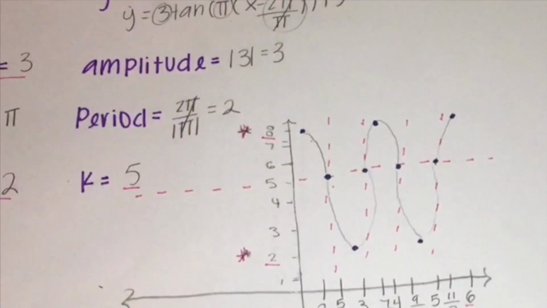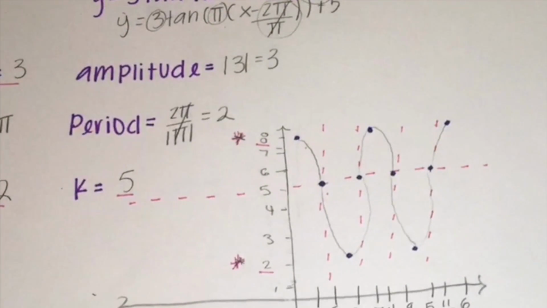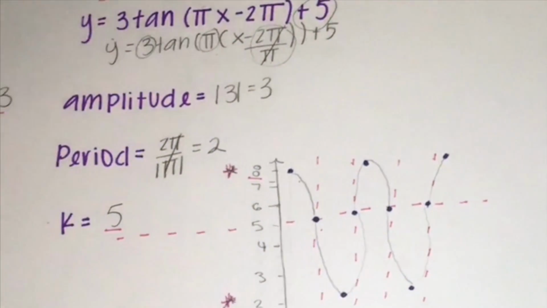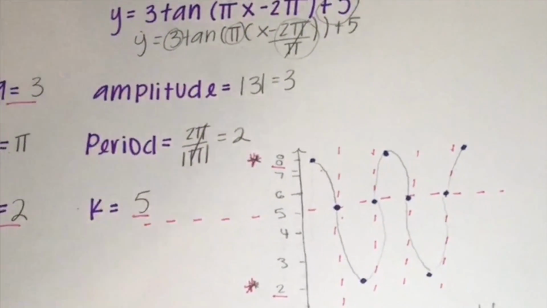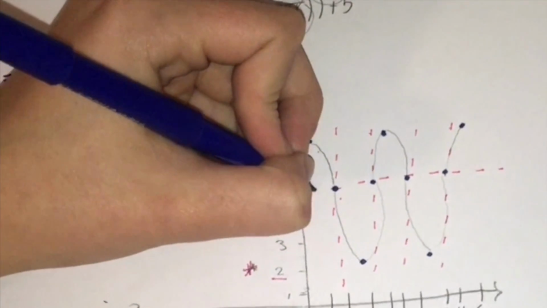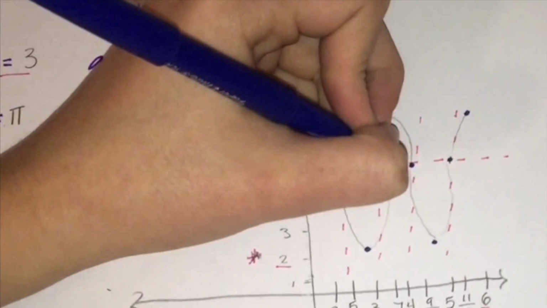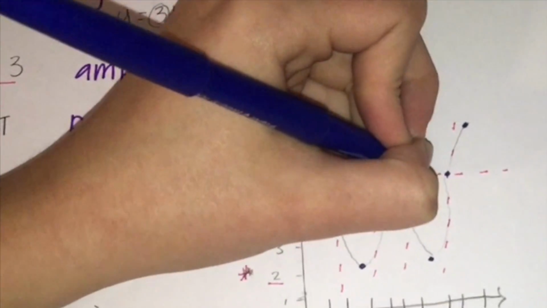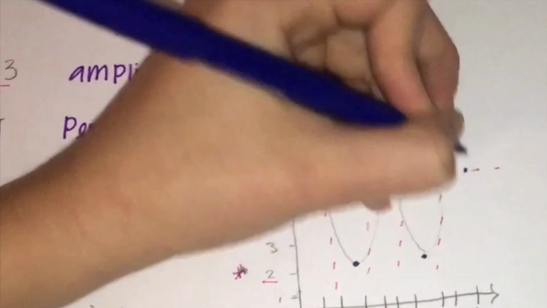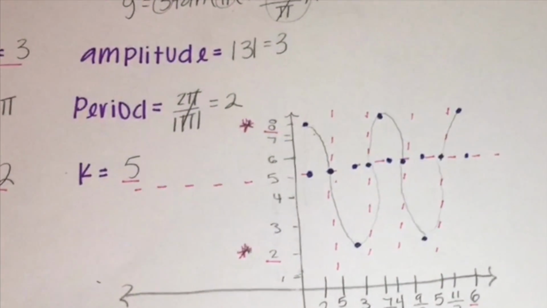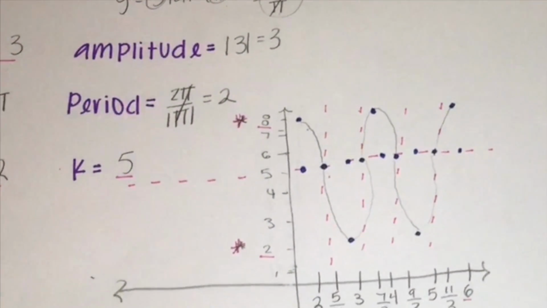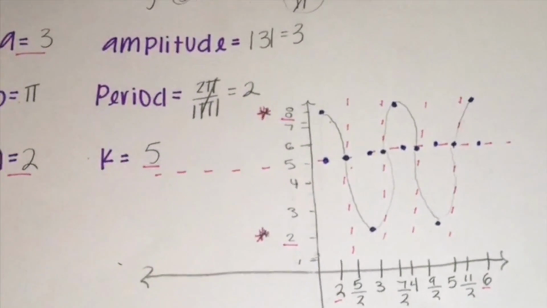Anywhere there is a maximum or a minimum in your cosine graph is where your tangent graph hits the axis. So we're just going to take these points and bring them up or down so that they are on the axis. Right. And so we can see that our tangent graph is positive.